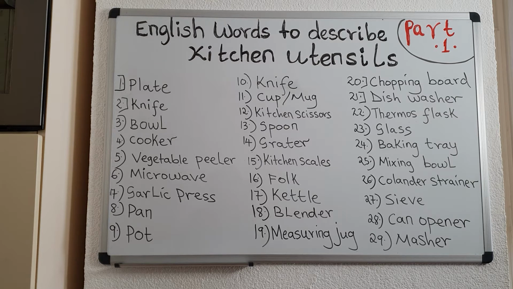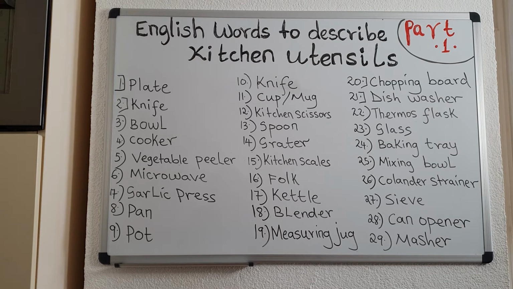Okay? The next word is pan. Now, you use a pan to fry different types of things or foods in the kitchen. For example, if you want to cook an egg, you will use a pan.